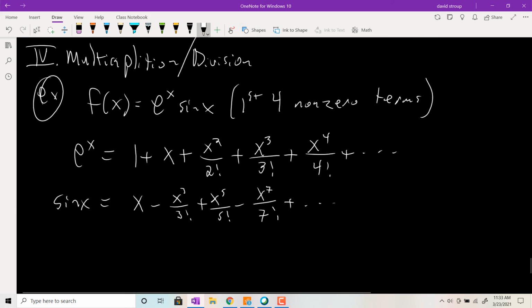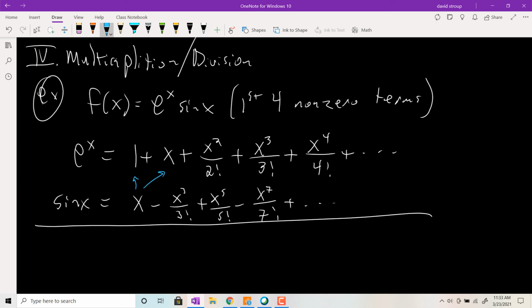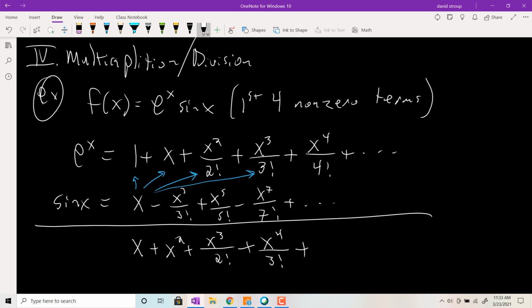Then you just multiply them like you did in algebra, right? It's like a big distribution, so it'll be this x times 1 times that, and so on. In that first distribution, you'll have x plus x squared plus x cubed over 2 factorial plus x to the 4th over 3 factorial plus x to the 5th over 4 factorial.